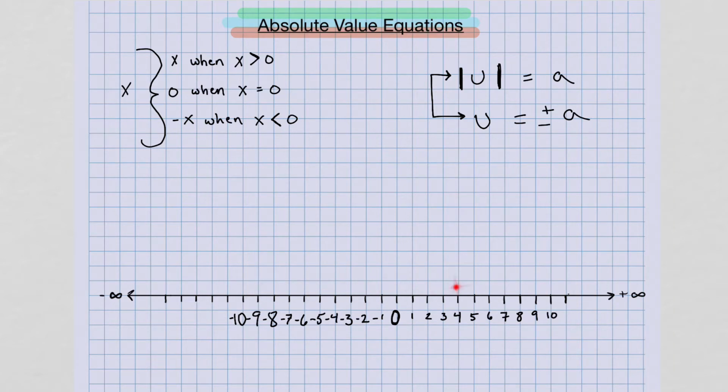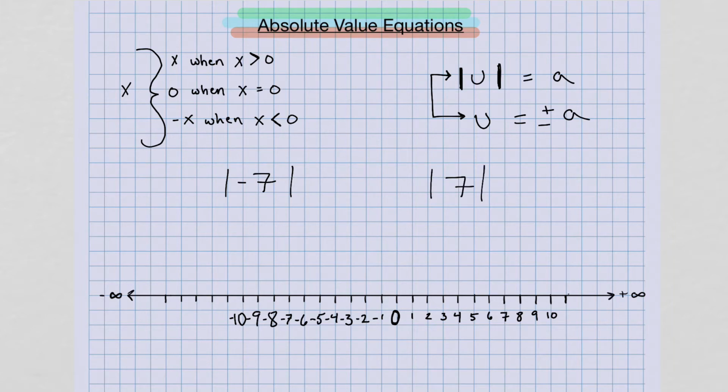Okay, so here we have a number line. Here's 0. Here are all the positive numbers. Here's 0. Here are all the negative numbers. What absolute value is doing is asking you how far away from 0 is a number. So if we have two numbers, let's say absolute value of -7 and absolute value of +7.